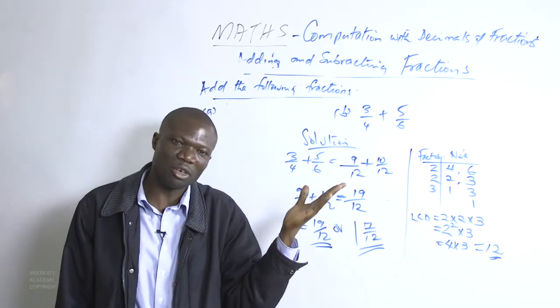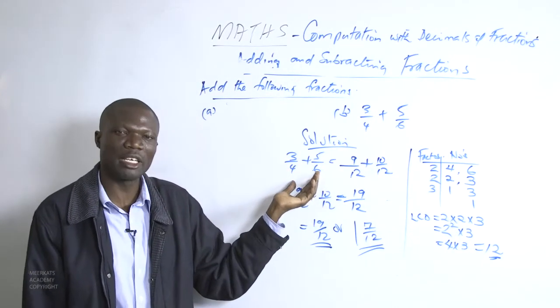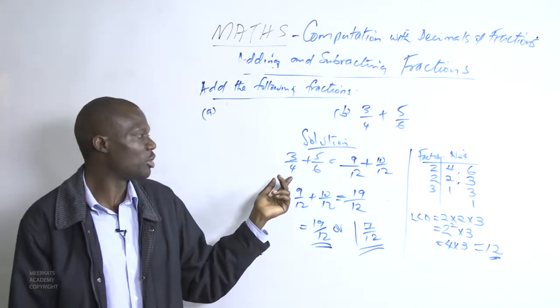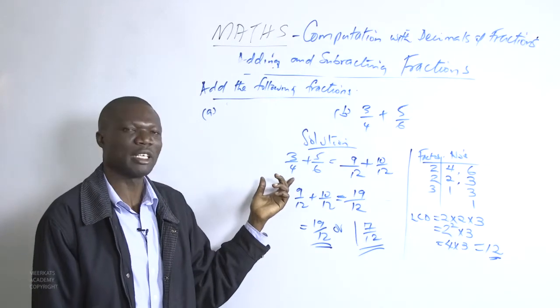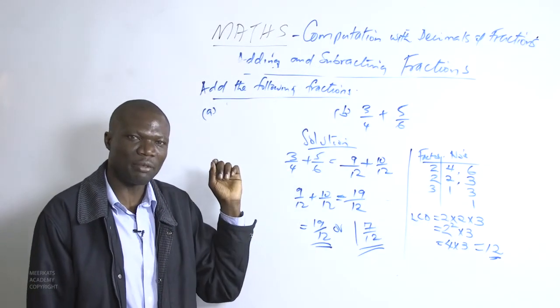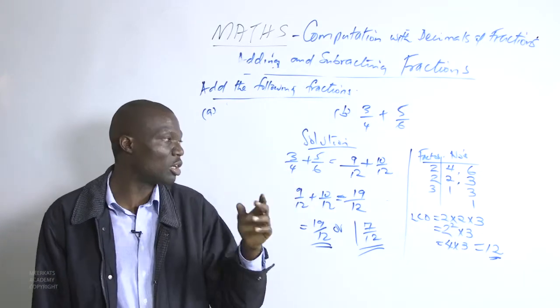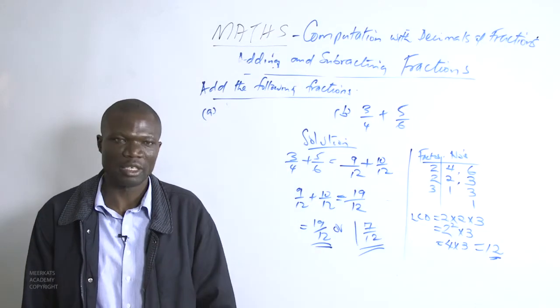You can often get it easily by multiplying the denominators. However, if the fractions have denominators that share a common factor, then we use the longer way of finding the lowest common denominator.